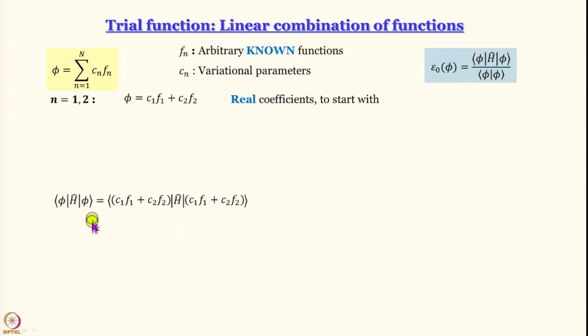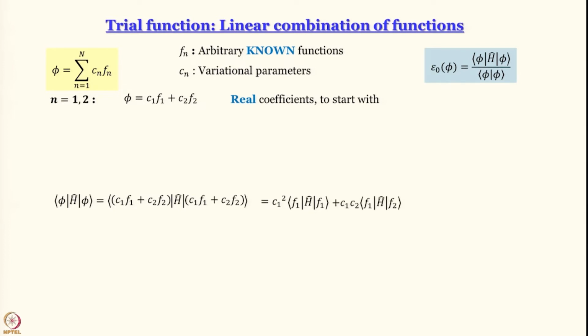What do I have? C1 F1 left multiplying H operating on C1 F1. So, since H is linear, C1 is going to come out and I am going to get C1 square outside the integral. Inside the integral I have integral F1 star H F1, this C1 square multiplied by integral F1 star H F1.